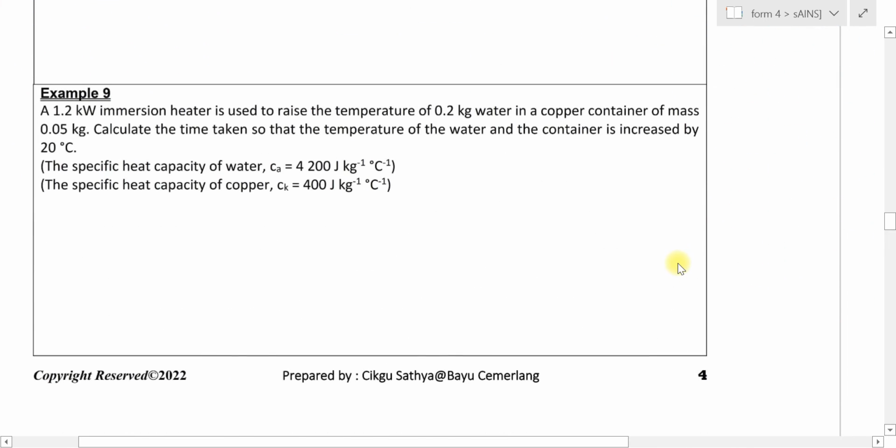Example 9. A 1.2 kilowatt immersion heater is to raise the temperature of 0.2 kg of water in a copper container of mass 0.05 kg. Calculate the time taken so that the temperature of water and the container is increased by 20 degrees Celsius.